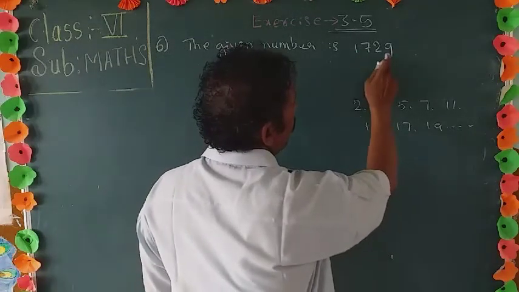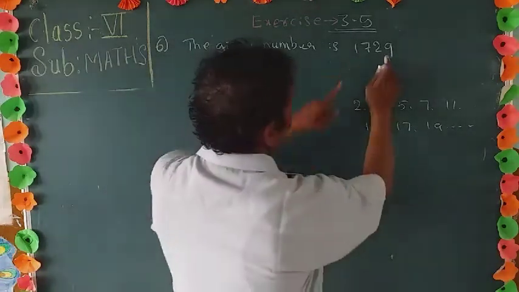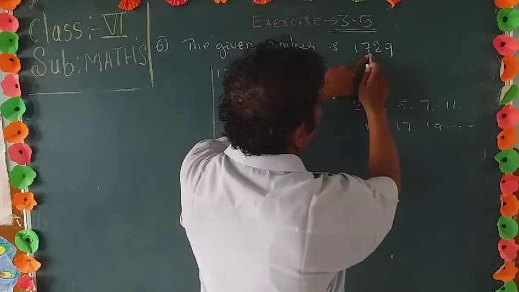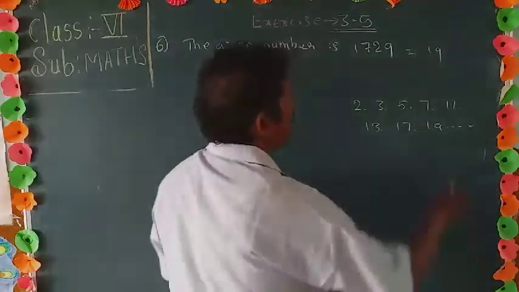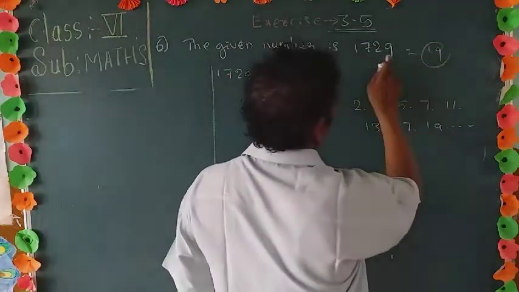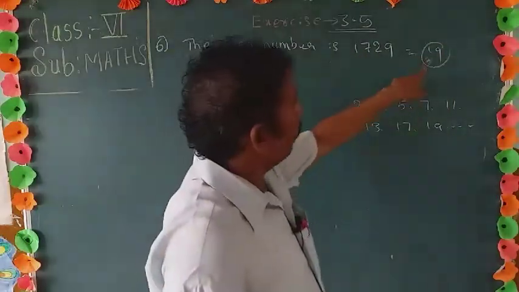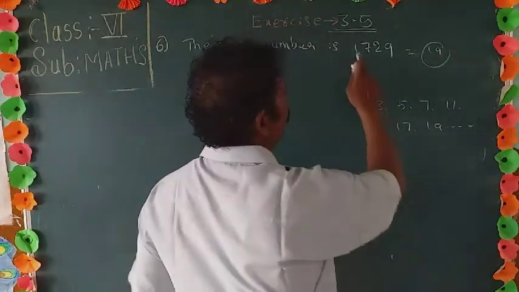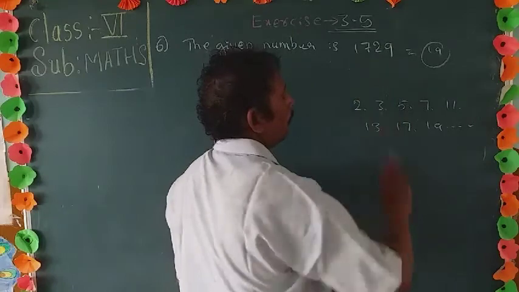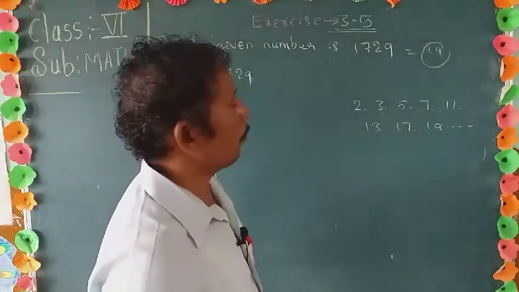Take the sum of all the digits in the number. 9 plus 1 is 10, 10 plus 7 is 17, 17 plus 2 is 19. 19 is the sum of all the digits. This sum 19 is not divisible by 3. Therefore, the number 1729 is not divisible by 3.